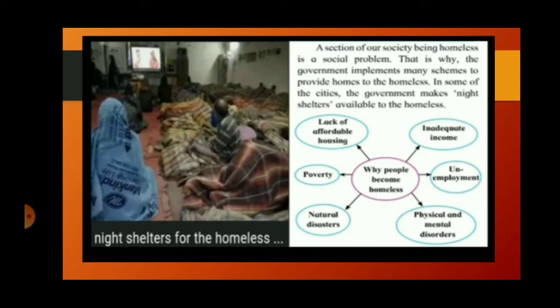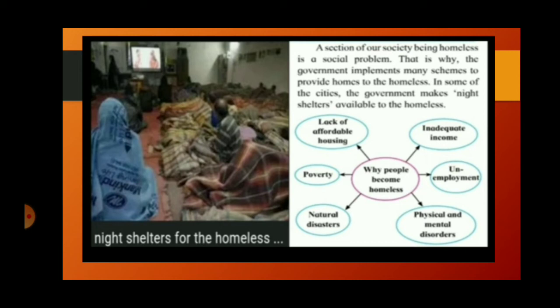Okay, see children, why do people become homeless? Do you know? These are the reasons. See this figure. Because of these reasons, people become homeless. One by one, I am going to read them: lack of affordable housing, poverty, natural disasters, physical and mental disorders, unemployment, inadequate income.